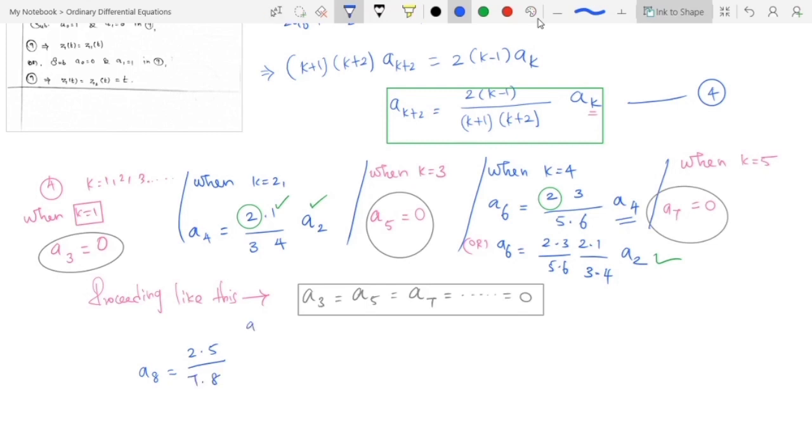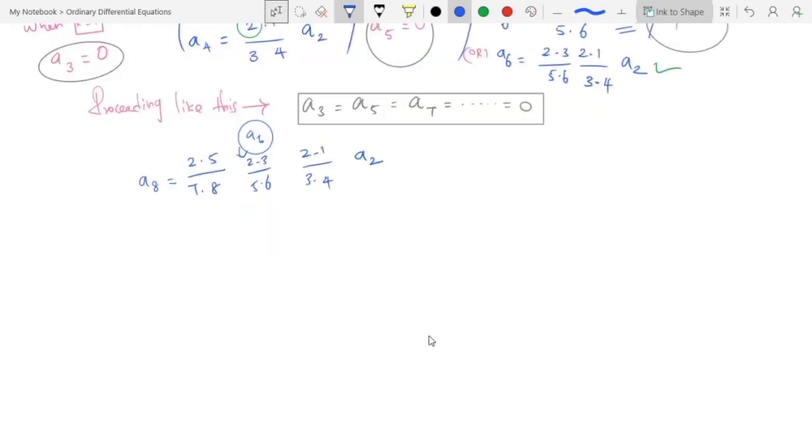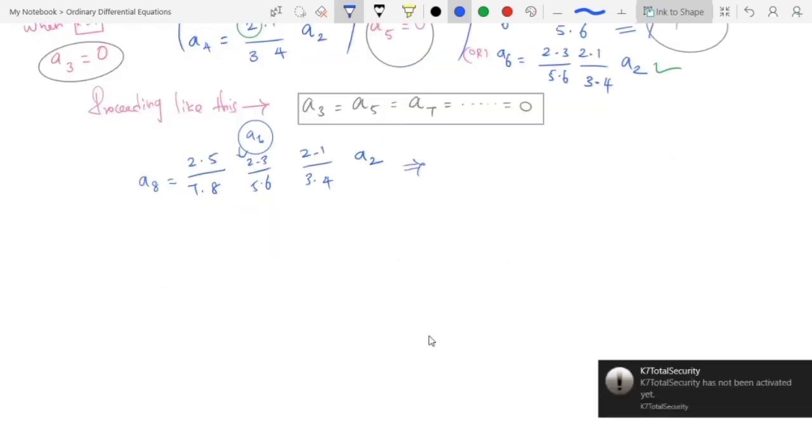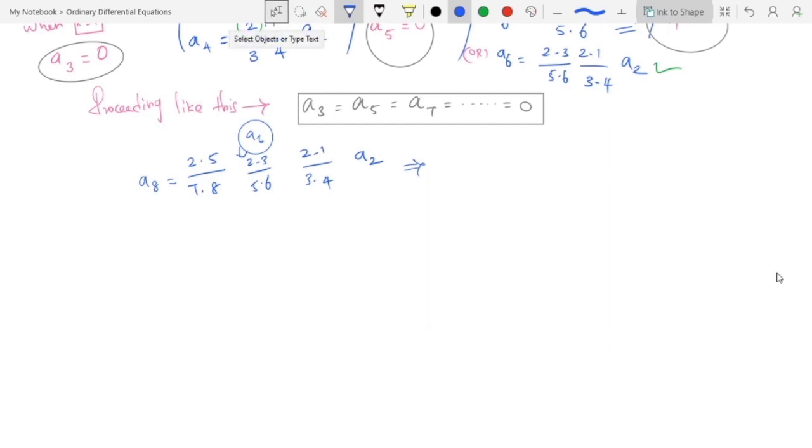Into a6, where a6 will be replaced by 2 into 3 by 5 into 6, 2 into 1 by 3 into 4 into a2. Similarly, a10. See the flow of terms 1, 3, 5, a sequence of odd numbers, multiplied by the same number 2. And also in the denominator, start from 3, 4, 5, 6, 7, 8.